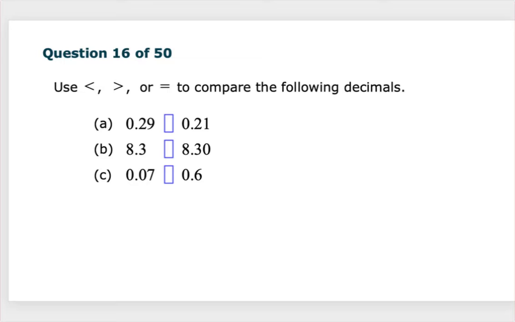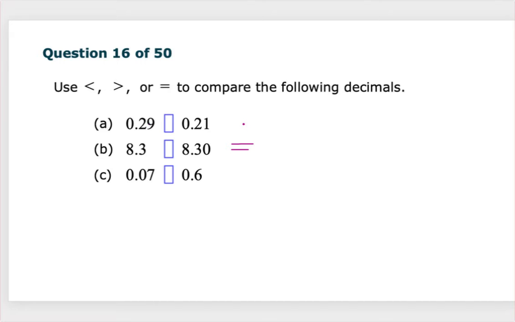Use less than, greater than, or equal to compare the following decimals. So first of all, do we see anything equal? 8.3 and 8.30, those are equal. The boxes are so small, I'm just going to put it over here. Now we have 0.29 and 0.21. So 29 hundredths and 21 hundredths.